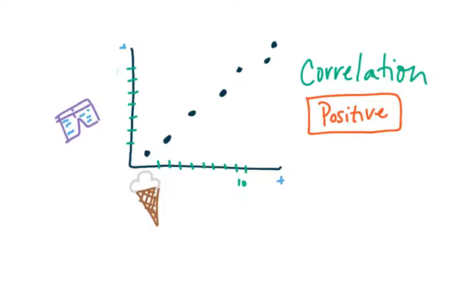Okay, this has a positive correlation, it has a positive pattern. It's two different variables, but they are related. So we could say that the more ice cream that's sold, there's also more bathing suits that are sold. The reason why this is true is not because of this thing called causation.